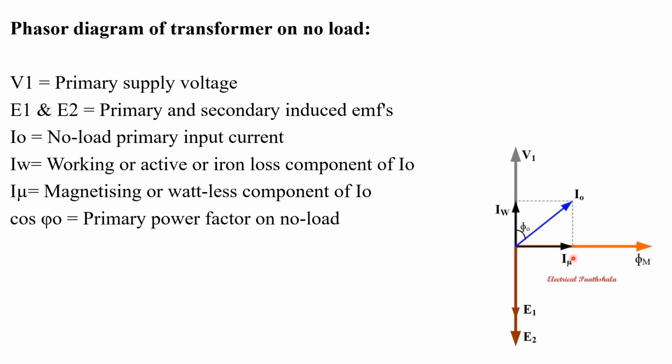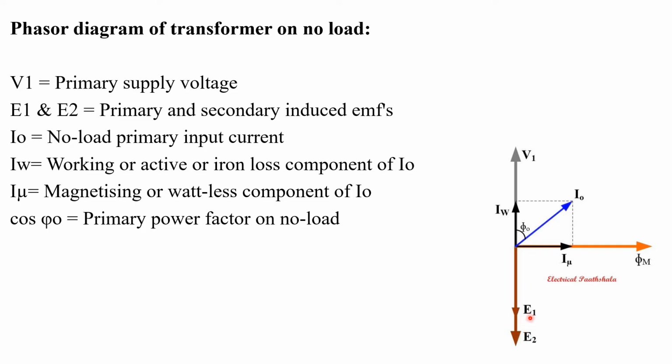Here we know that I0 has two components, IW and I mu. Due to the magnetizing component I mu, flux is generated in the transformer core, so both of them are in phase with each other. To draw the phasor diagram, we consider phi m as the reference. Both phi m and I mu are in phase with each other, and IW is in phase with V1. So we can draw V1 and IW like this.